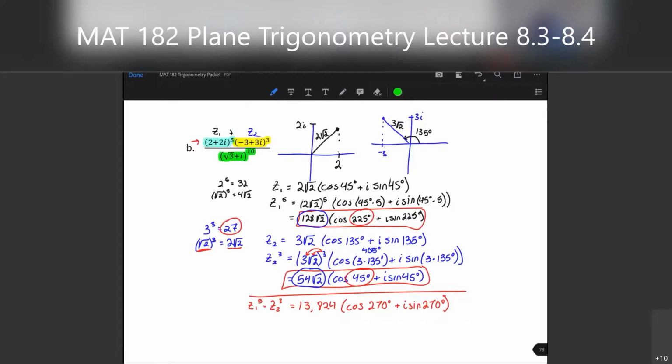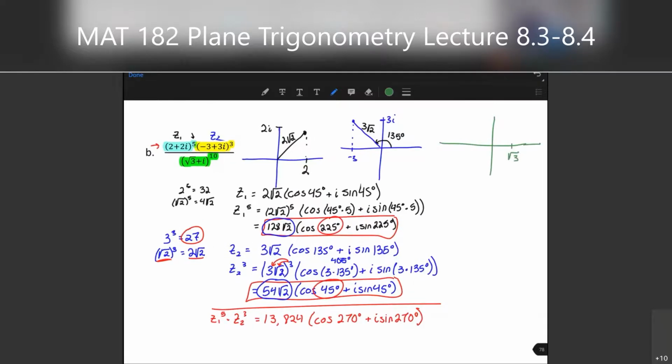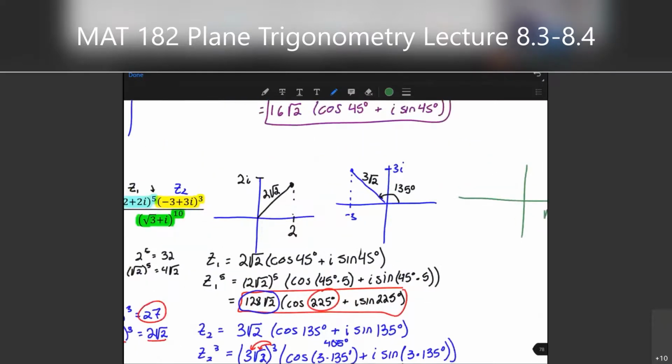I'll do that one in green. So square root of 3 plus i. That would be square root of 3 on my x-axis and i on my y-axis.